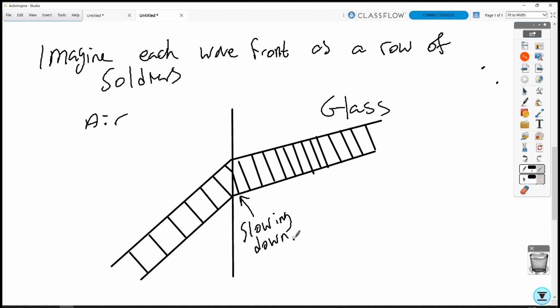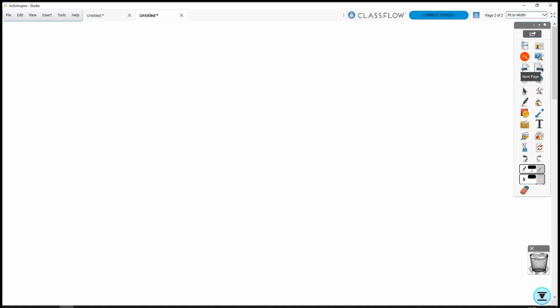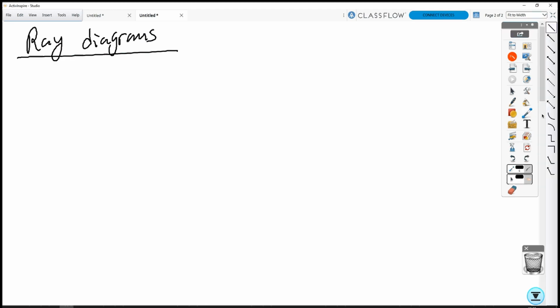Let's start a new page. So we'll move over to doing these as ray diagrams. When we're drawing our ray diagrams, we need an imaginary line called the normal.